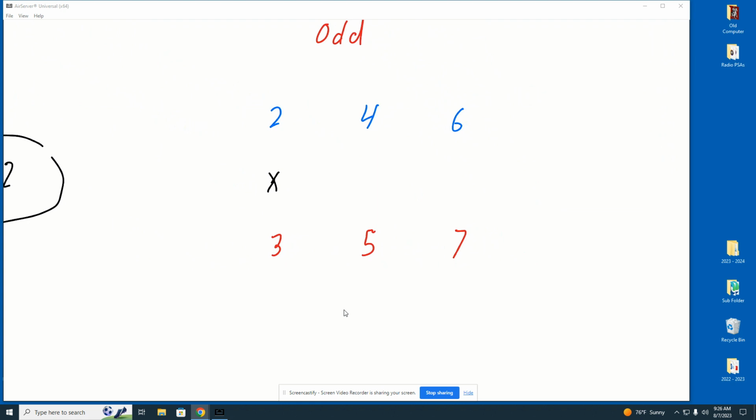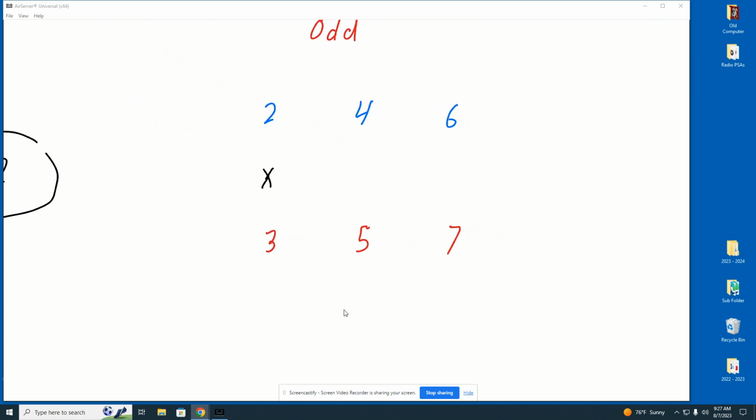Now, whether I go from 2 to 4 or 3 to 5, how many do I go up? I go up 2. So how would I define the next consecutive even or odd? X plus 2. How would I do the next consecutive even or odd? See, people think that you need to treat these differently because one's even, one's odd. But you don't. Because if you just try to go up 1, then you're only going up 1.